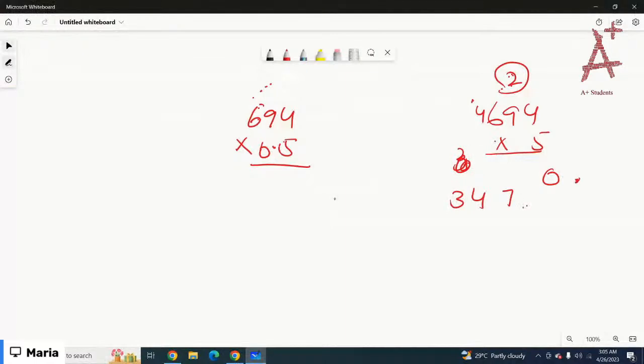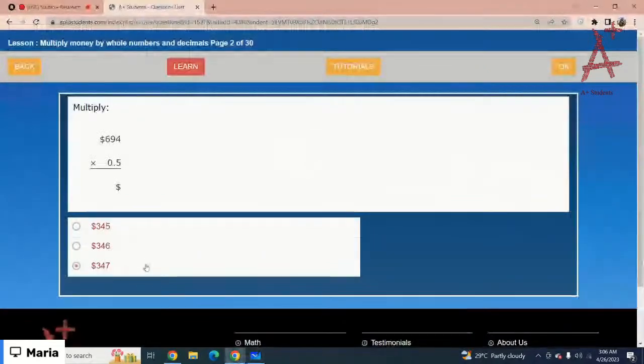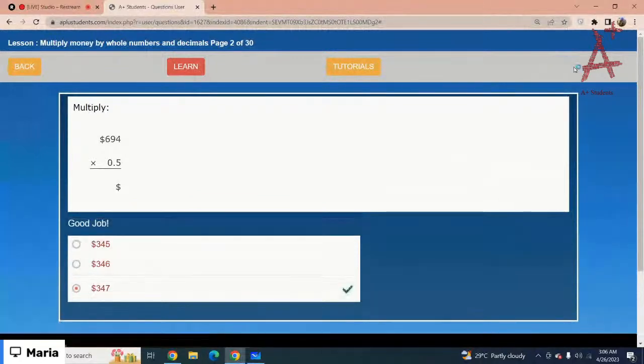So it would be 347.0. Got it? The correct option is option number D, 347. 694 times 0.5 is 347. Got it?